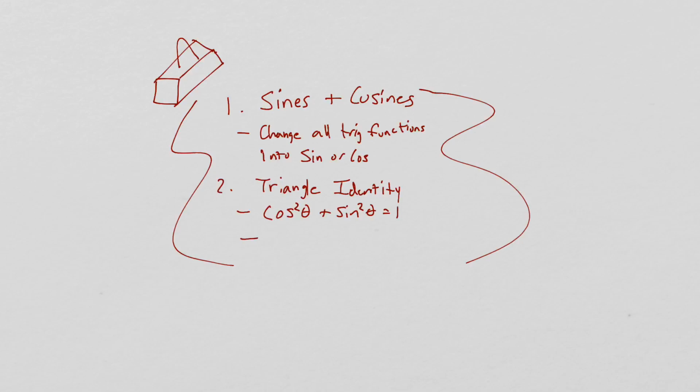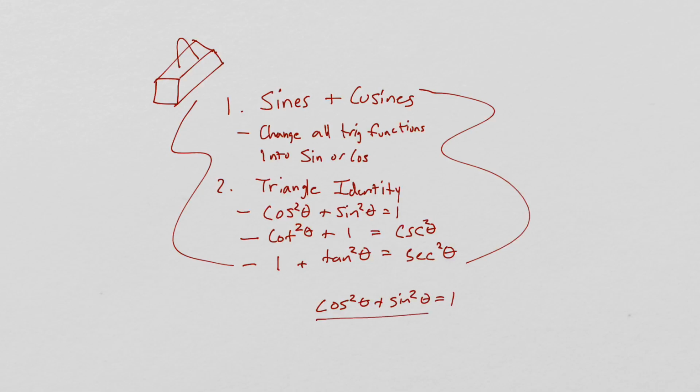We took that and turned it into the two other statements, cotangent squared plus 1 equals cosecant squared, and 1 plus tangent squared equals secant squared. And remember, we found those by just taking this and dividing through by either cosine or sine.